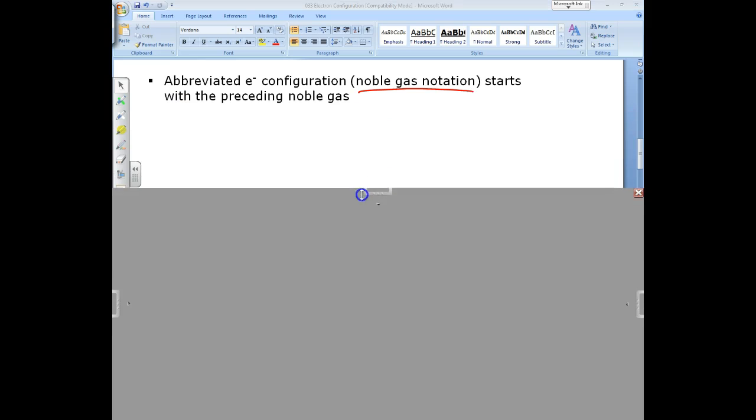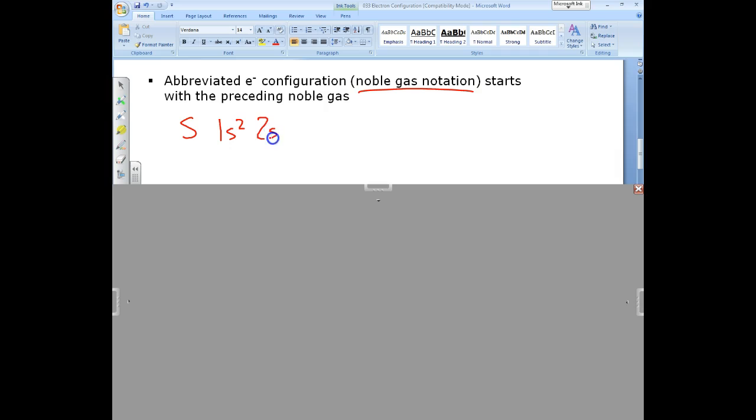If we look at sulfur and just write its electron configuration, it's 1s2, 2s2, 2p6, 3s2, and 3p4.